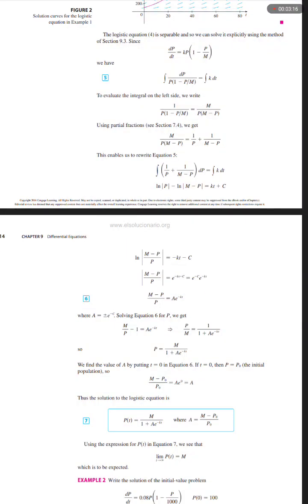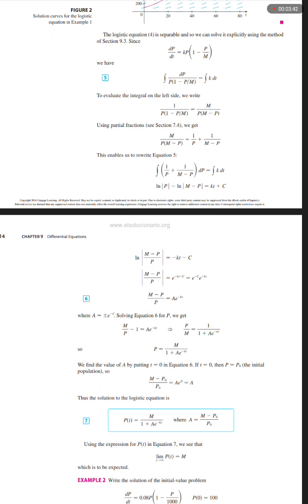Since dP/dt equals KP(1 minus P over M), we have Equation 5: the integral of dP over P(1 minus P over M) equals the integral of K dt.